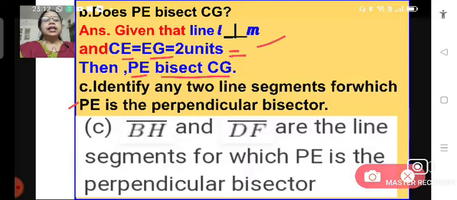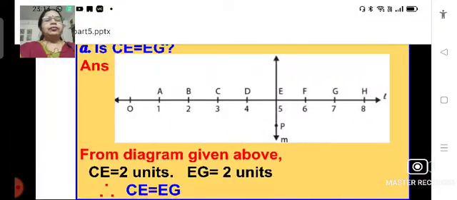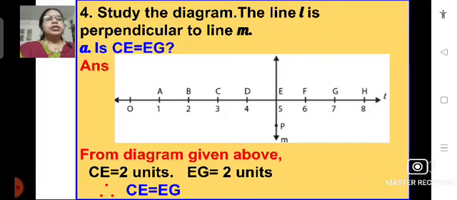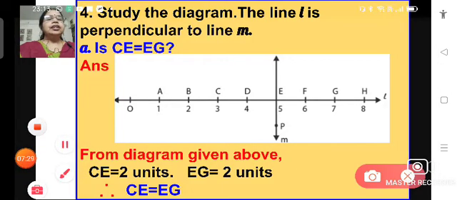Now we have question C. Identify any 2 line segments for which PE is the perpendicular bisector. So let's look at the figure once again. We have BH, isn't it?